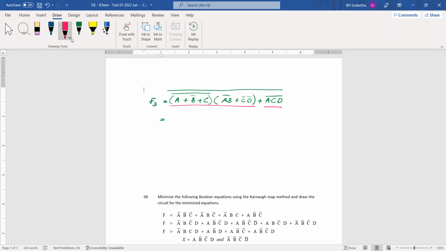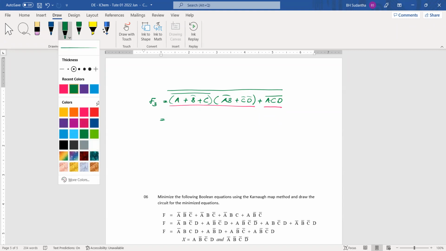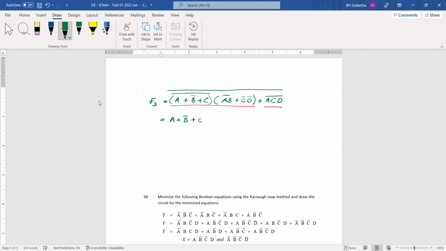Then we can break into 2. A plus B bar C. Sorry. This is dot ACD.